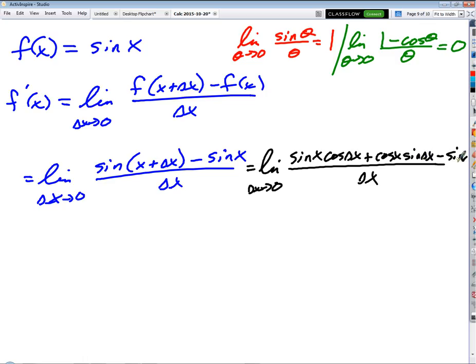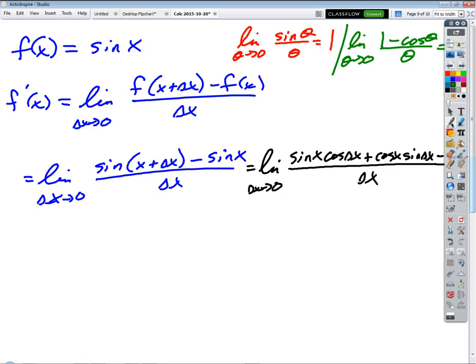But I could combine a couple terms, couldn't I? This term right here has a sine x and that term does, right? So what if we push those together? So let's write this maybe as two separate parts.